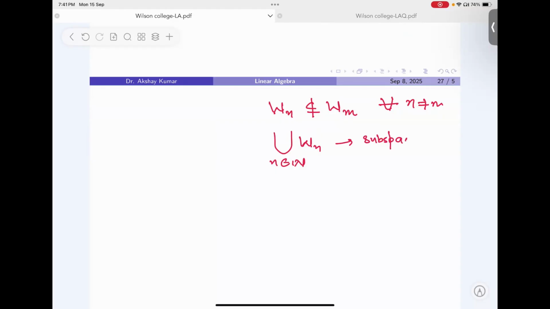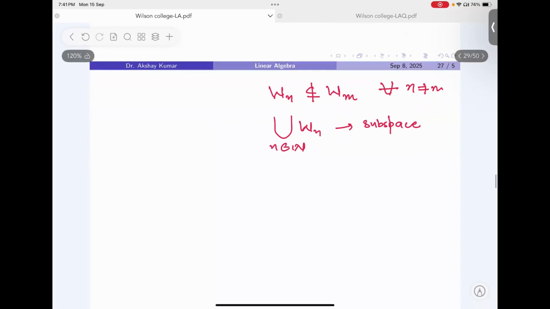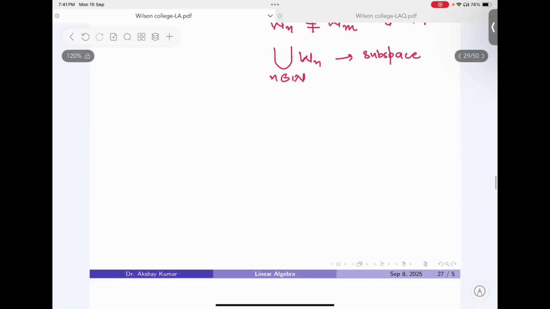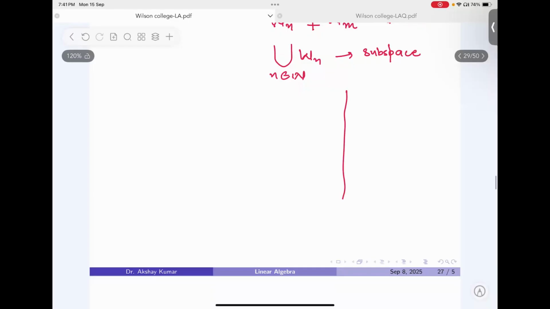Can you give me an example of this? Okay, think about R2. This is the point (0,0).